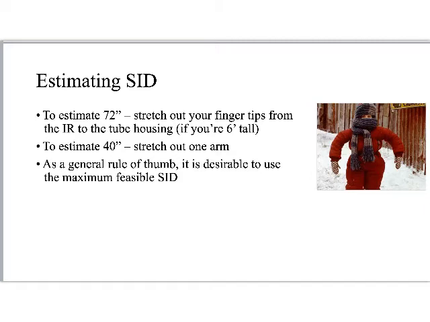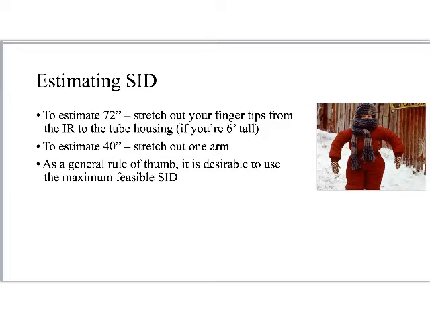Okay, estimating SID. I always think about the little kid in A Christmas Story. I can't put my arms down. Well, if you put your arms out, what you have is basically your height. This distance from here to here is roughly how tall I am. Now, I'm about 6 feet tall, and so I can estimate a 72-inch SID by just putting my arms out.